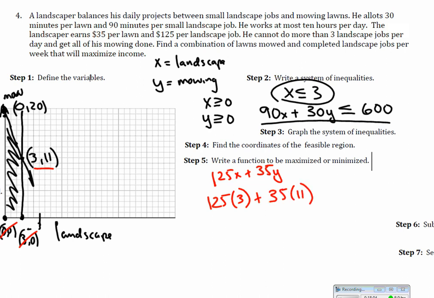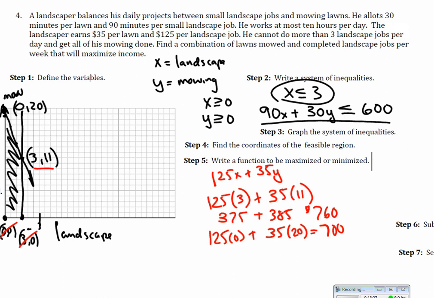That's going to be if I do 3 landscaping jobs plus 11 lawns. So if I do 3 landscaping jobs and 11 mowing jobs, I get 760 bucks. If I do no landscaping and I mow 20 lawns, that's going to give me 700 bucks.